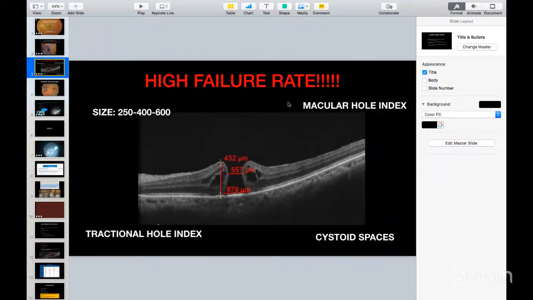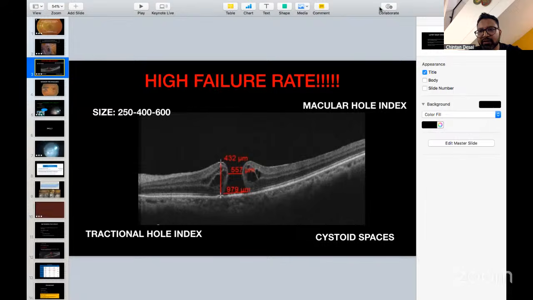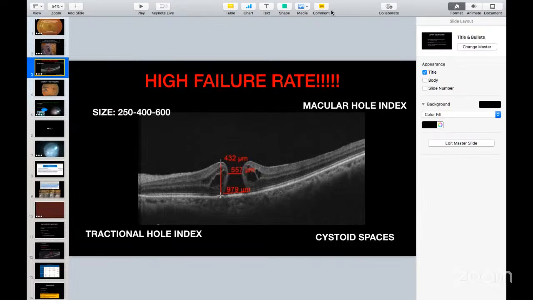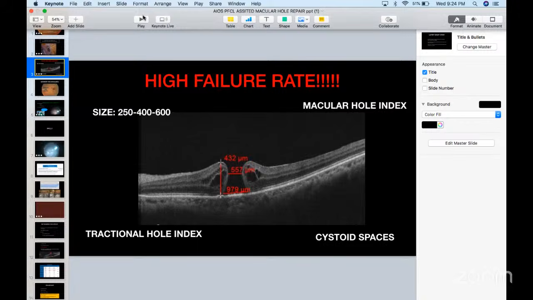There is an option of play on the left side, up. Play and keynote live. Scroll your mouse to the left.